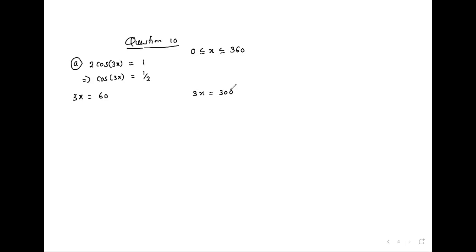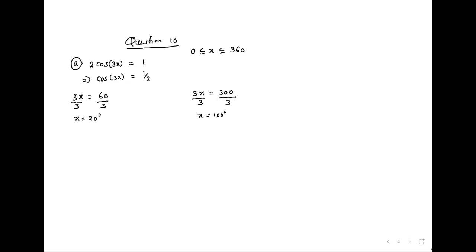So this means that the first value is going to be x equal to 20 degrees. And here, the first value is going to be 100 degrees. Now, if you look at the space, we have 20 and 100, but we must cover from 0 to 360. So we still have other options. Because it is 3x, we know that we need 3 at each point.